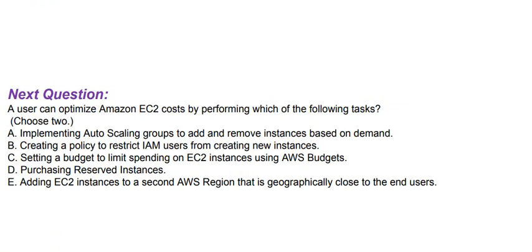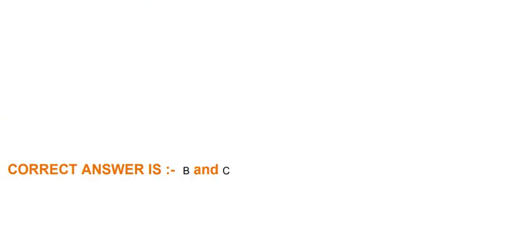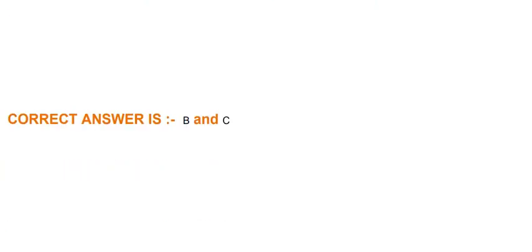Option C: setting a budget to limit spending on EC2 instances using AWS Budgets. Option D: purchasing reserved instances. And option E: adding EC2 instances to a second AWS Region that is geographically close to the end users. The correct answer is option B and C.